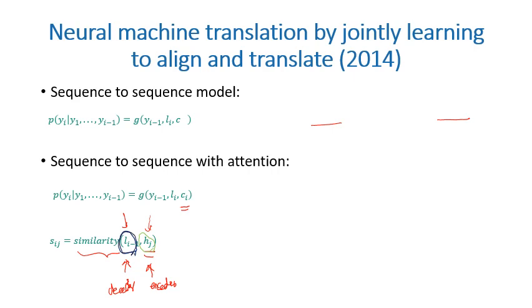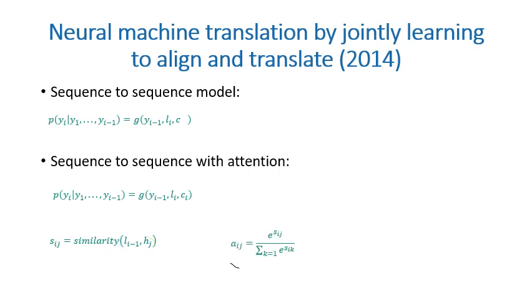Okay. So suppose that I have this similarity function. The next step would be to compute a softmax over this vector of similarity.